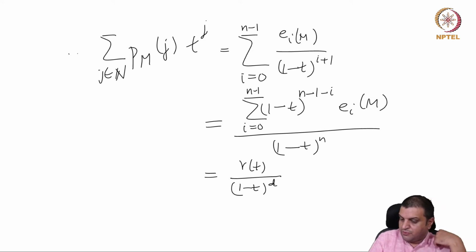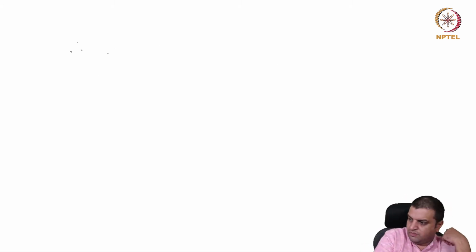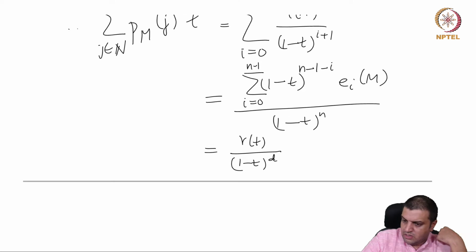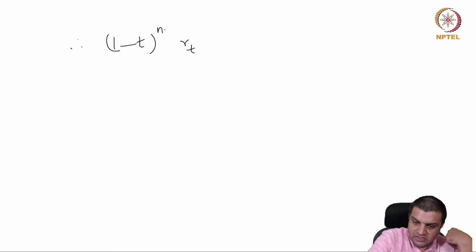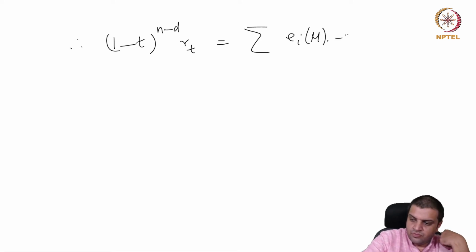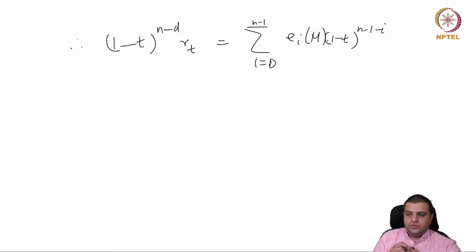So we would get 1 minus t to the n minus d times R of t equals this quantity, that sum on the right side, with i going up to n minus 1.